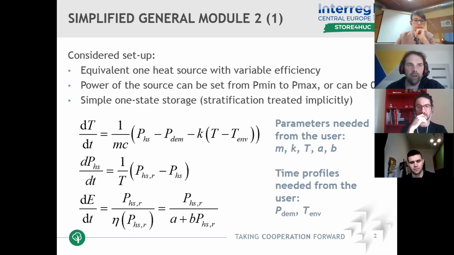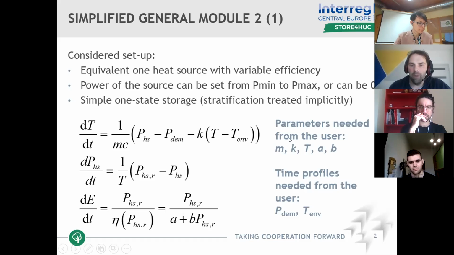So this would be data from the weather forecast, for instance, for the day ahead. And you can provide it also as a time profile, or if it's not very dynamic, for instance, for the case when the storage is situated inside, then it would be just one number for the whole 24 hours.